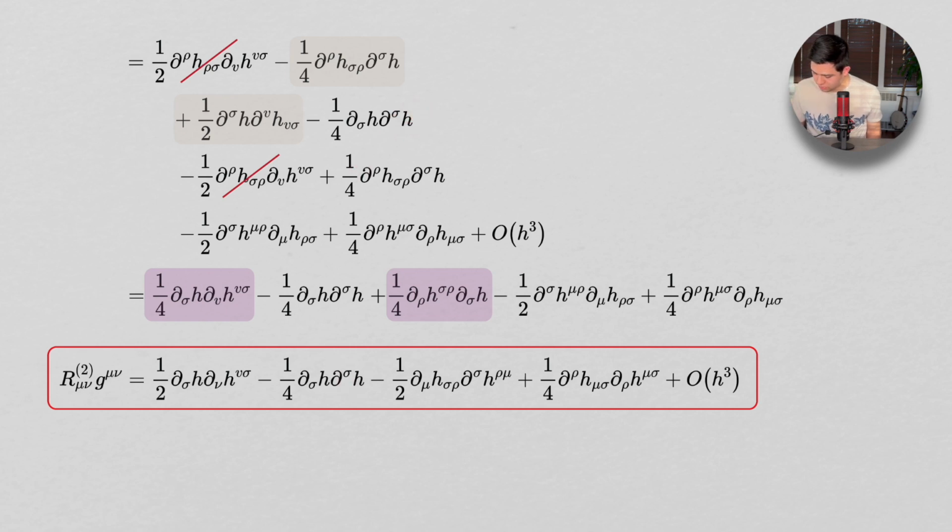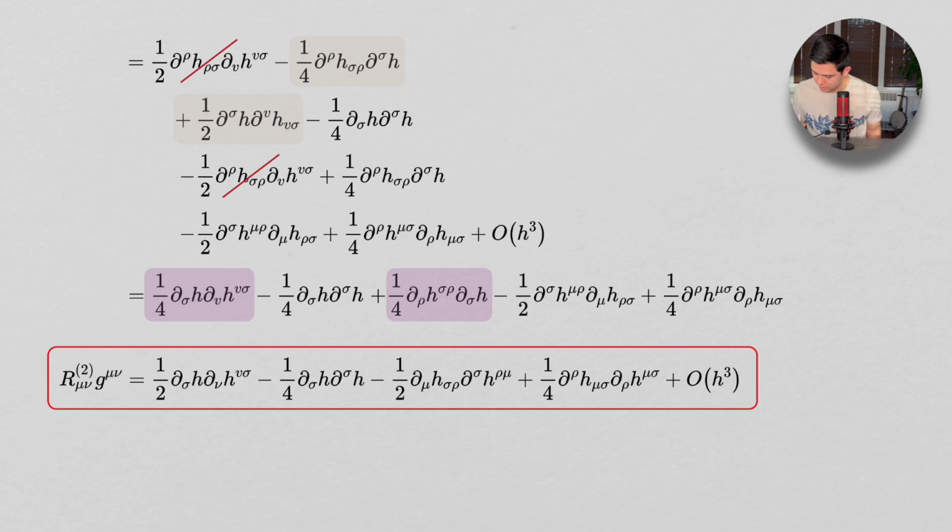And then rho, sigma, rho. Let's see, rho, so we have rho, mu. Let's see what happened there. So we have a mu here, and so we have mu, rho, sigma, rho. So we're changing the sigma and the mu, okay?